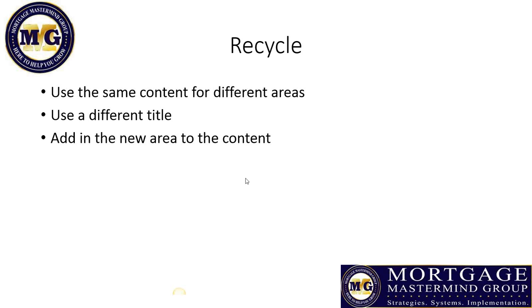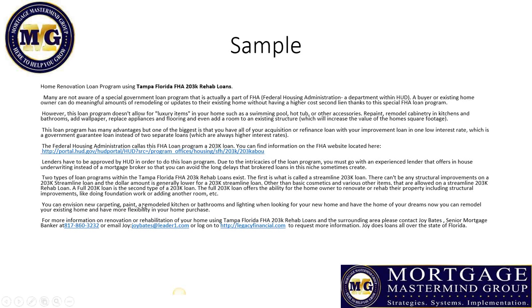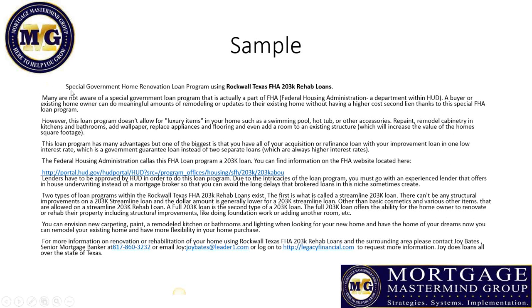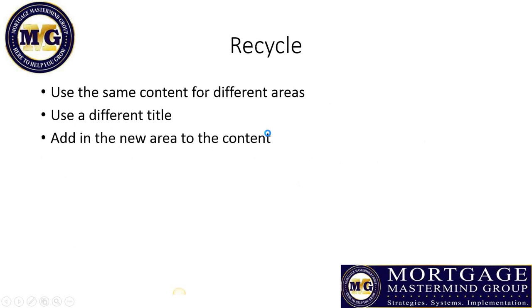And so we can now recycle our articles by just changing a couple of the small things. On the article you just read, if you remember, the title, Special Government Home Renovation Loan Program using Rockwall, Texas FHA 203K Rehab Loans, becomes Home Renovation Loan Program using Tampa, Florida FHA 203K Rehab Loans.